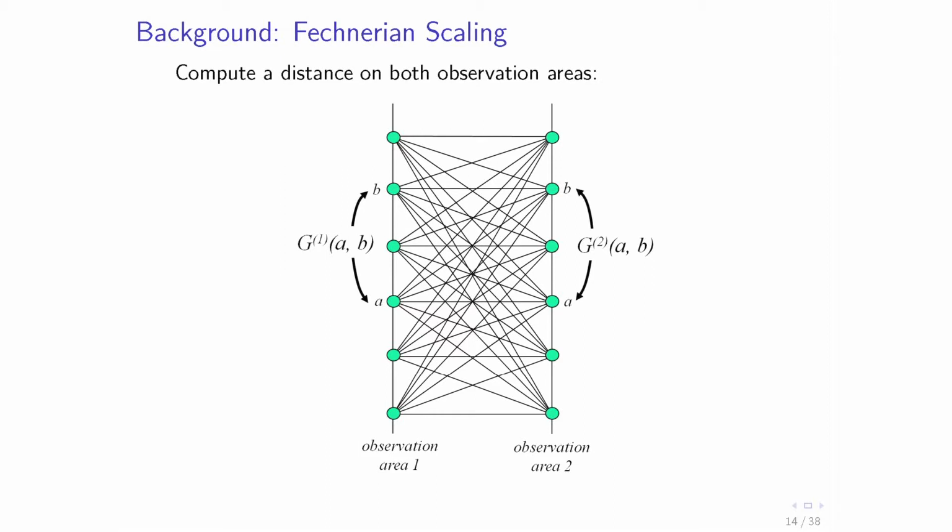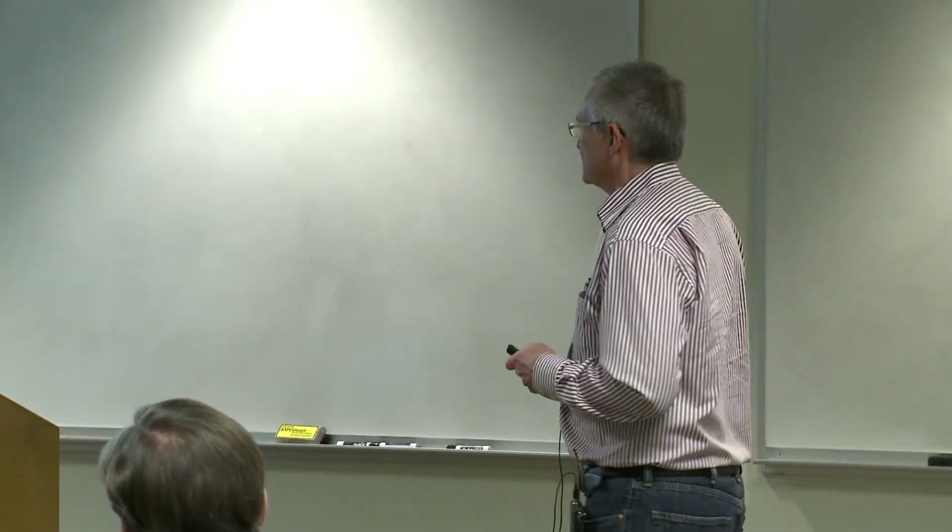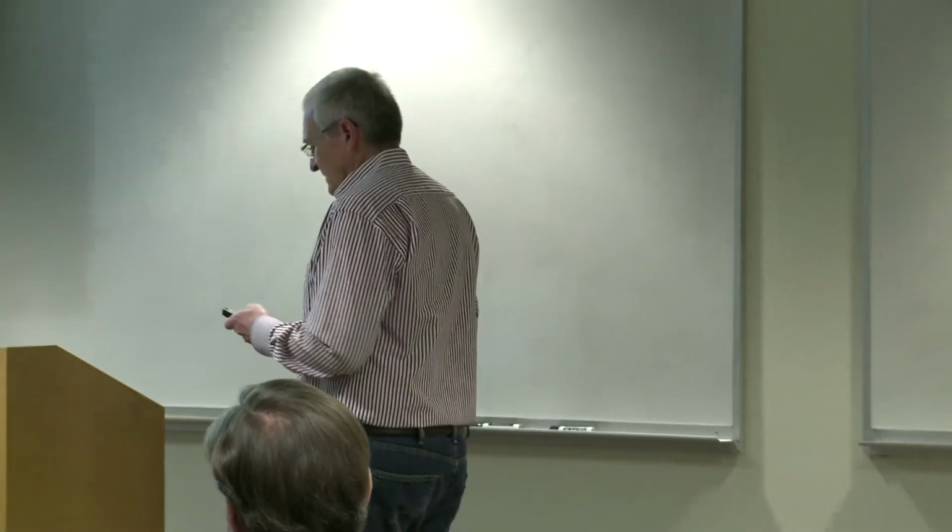So it's not something we would be able to refer here, because here we always look across the 2 observation areas. But our method will give us an ordered metric on the observation area specific, either 1 or 2. Okay.